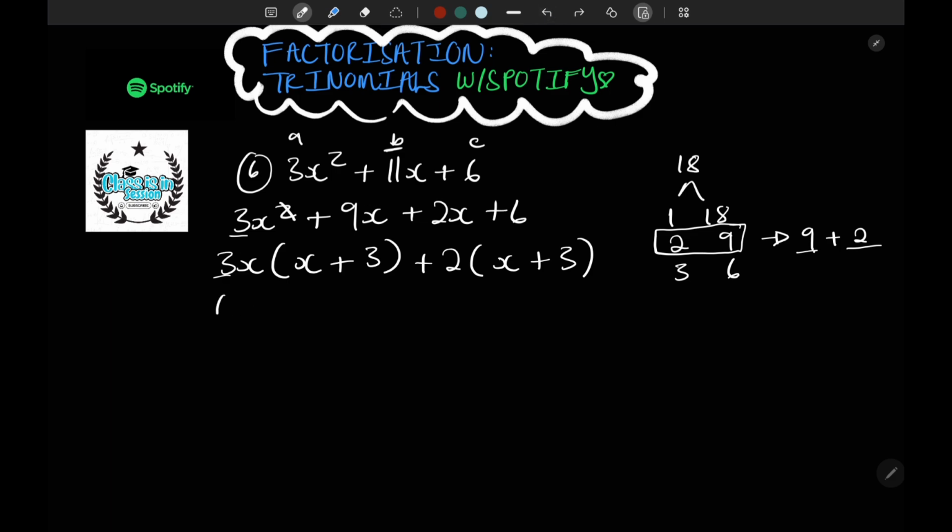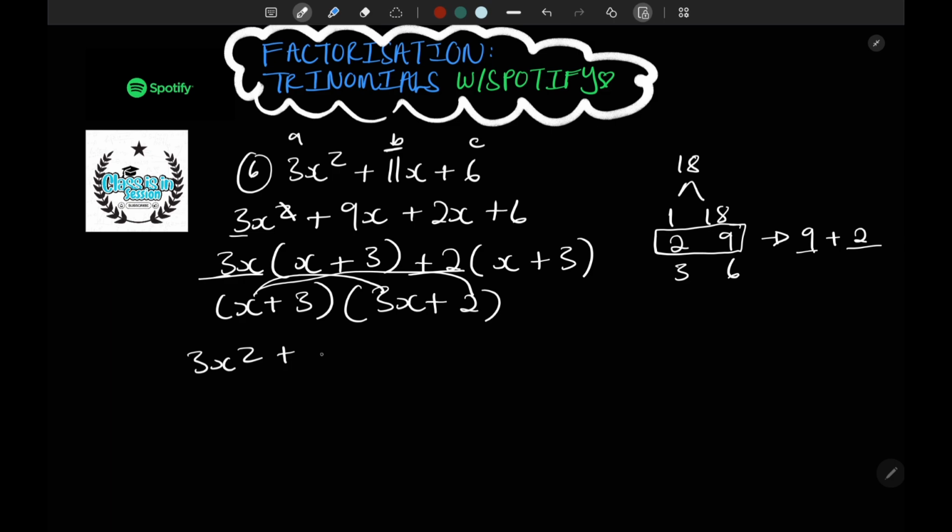So what do we do? In the first bracket, we have x plus 3. Then in the second bracket, we should have 3x plus 2. 3x plus 2. And that is your factorization. Now let's check if this is correct. By distributing, x times 3x is 3x squared. x times 2 is plus 2x. 3 times 3x is plus 9x.